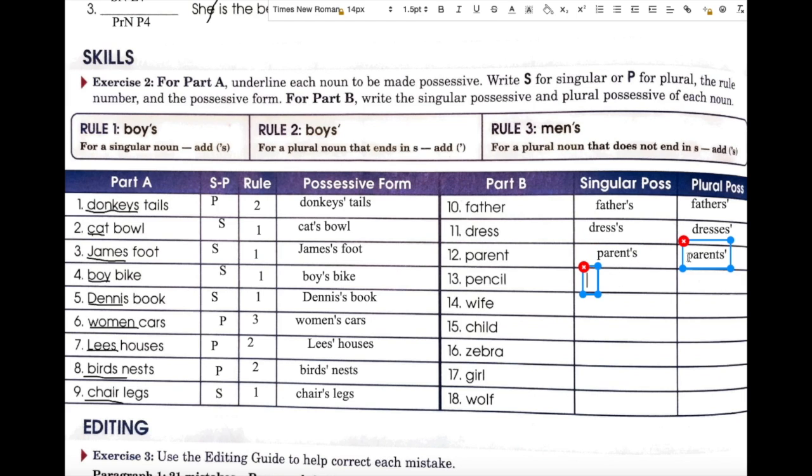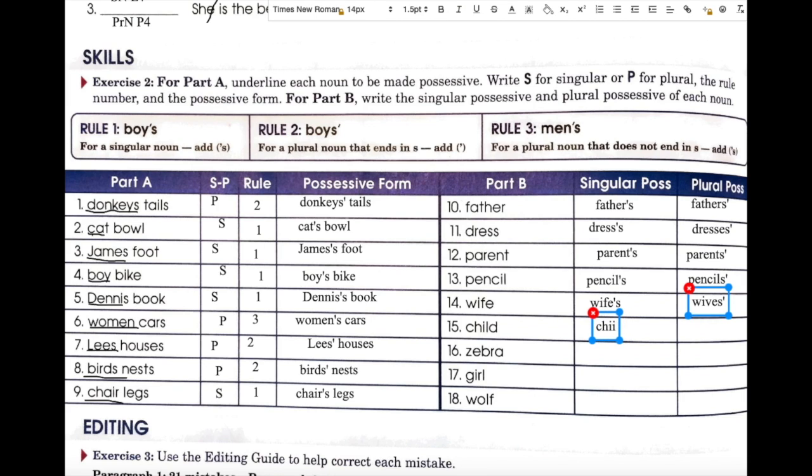Pencil. Pencil apostrophe S. For plural possessive, turn it into a plural first, pencils, and then write your apostrophe for possessive. Wife. Wife apostrophe S for singular. For plural, turn it into a plural first, wives, and then apostrophe. Child.